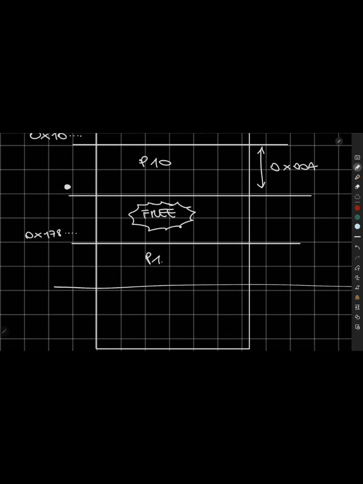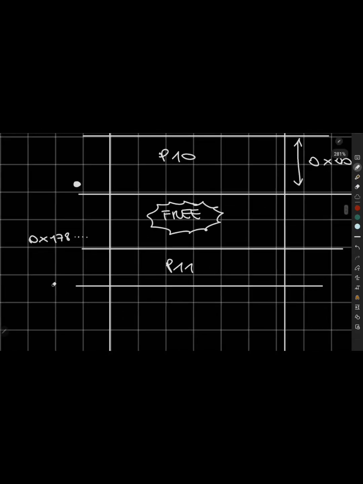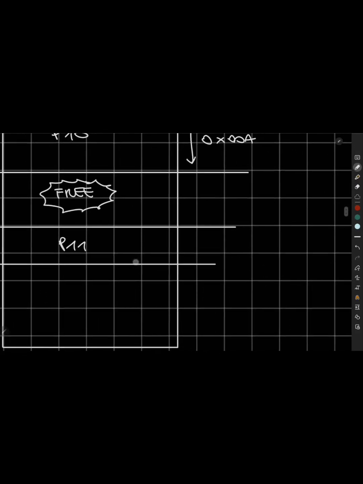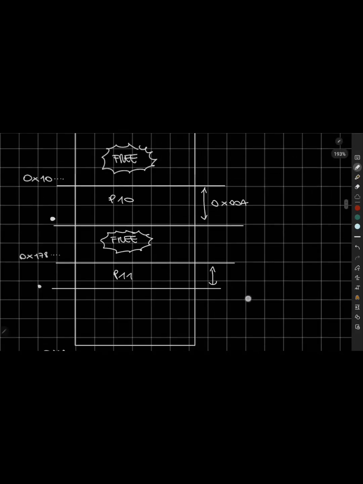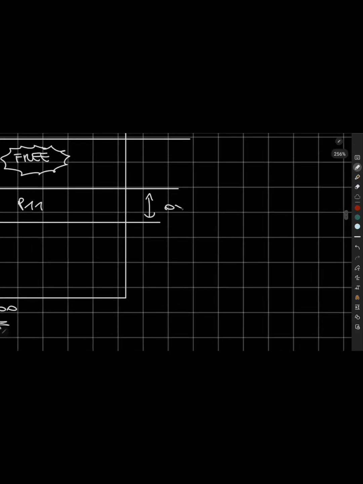And here starts P11. Let's draw it a little smaller than the P10. We don't know where it ends, but we know the size of it, which is 088.